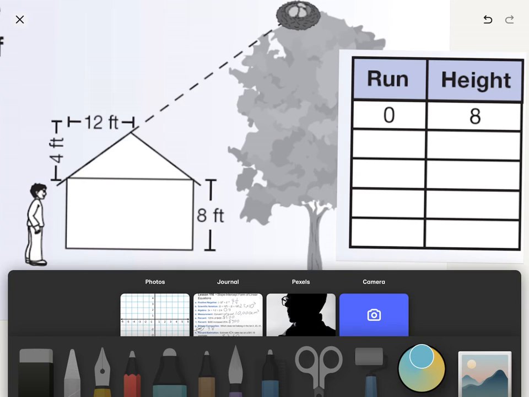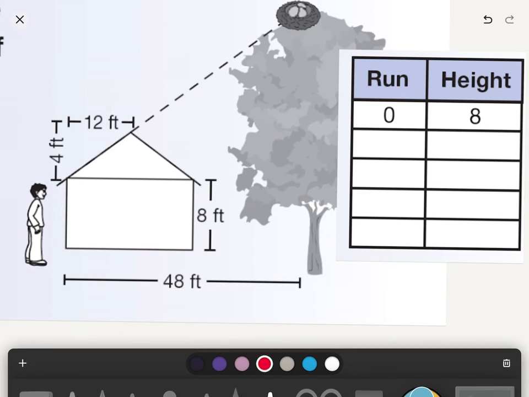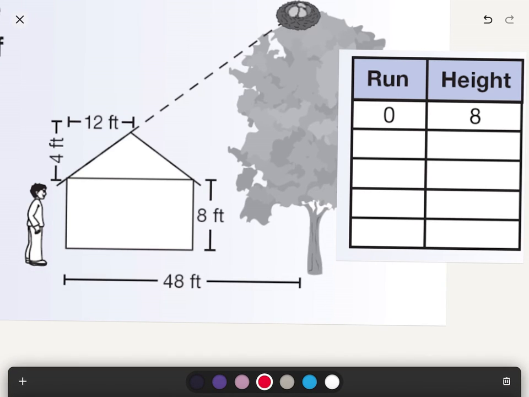Okay. So if you would like to pause the video and discuss this, that would be perfectly fine with me. I'll wait a minute.